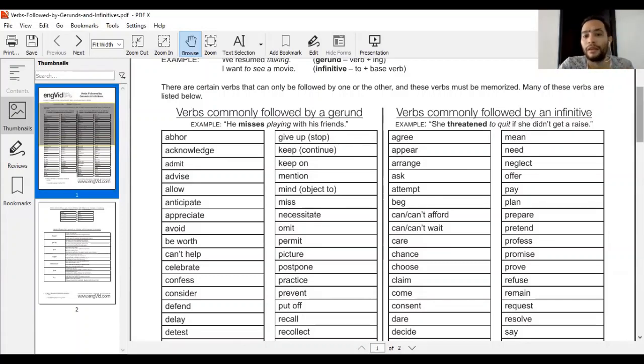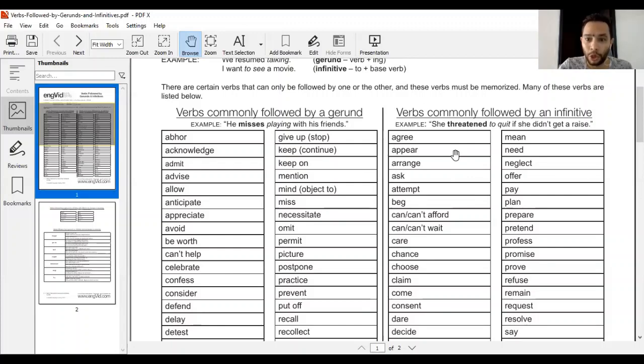Now, the same thing happens with this group. I mean, these verbs are never going to be used with the ing form, but they are always going to be used with the to infinitive form, all right?